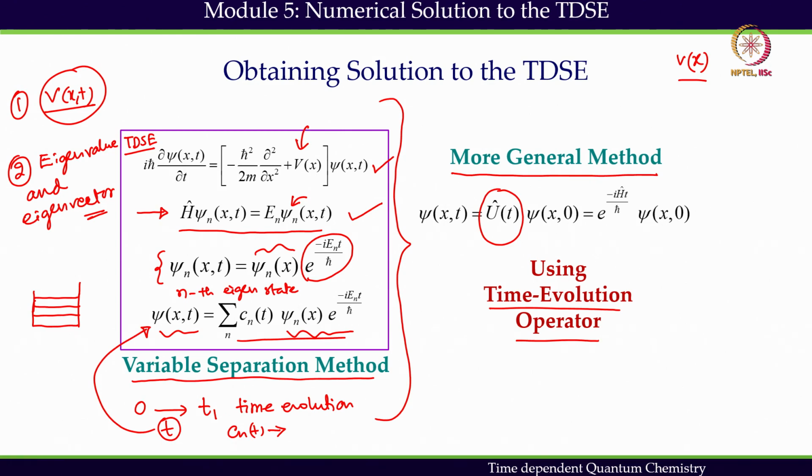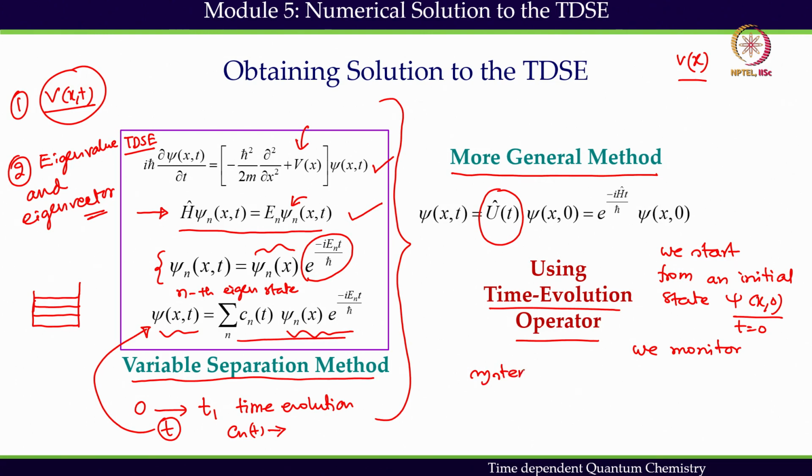What it does is that we start from an initial state, which is psi(x,0), that is, the state at t equals 0, the initial state, and then we monitor the system as a function of time with the help of this time evolution operator, which is an exponential operator.